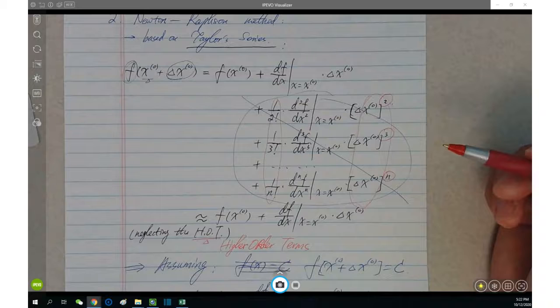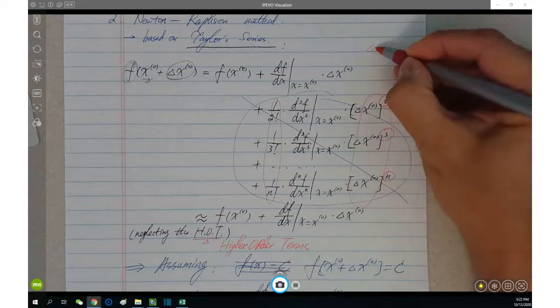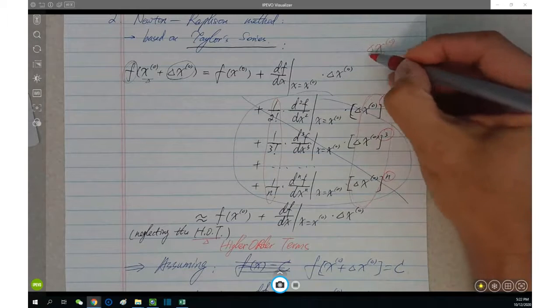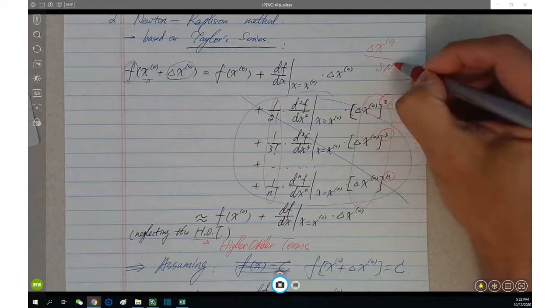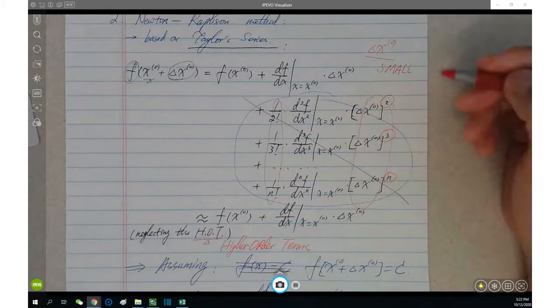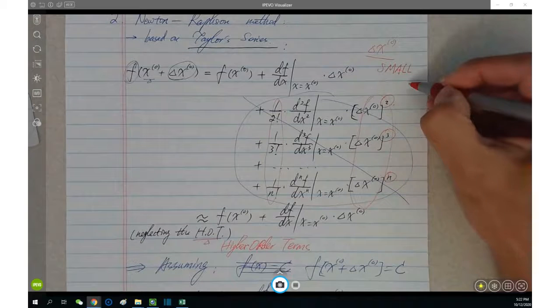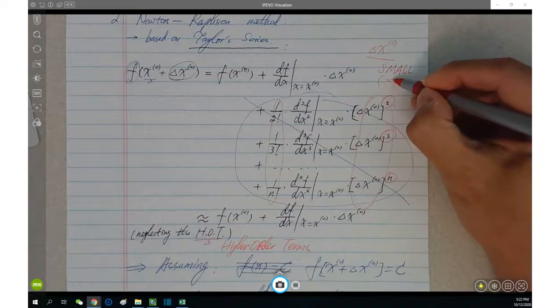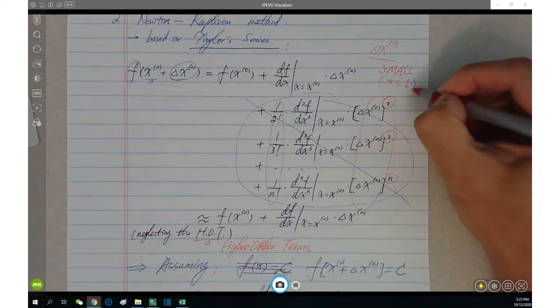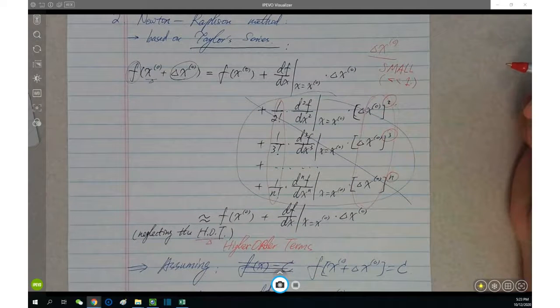You need to roughly understand this is a delta value. A delta value is small. What does small mean? Way less than what? Less than 1. If you take a square, cube, and even higher order, what happens? The value becomes smaller and smaller.